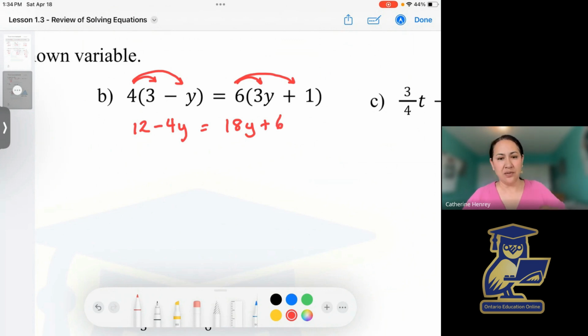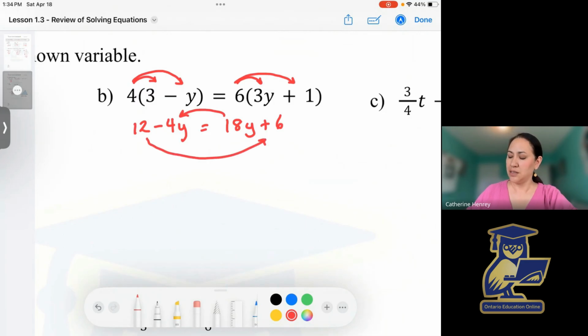Go ahead and decide which side you want the variables and which side you want the constants. I'm going to go this way with the variables, and I'm going to go this way with the constants. So I'll have negative 4y minus 18y is equal to 6 minus 12.